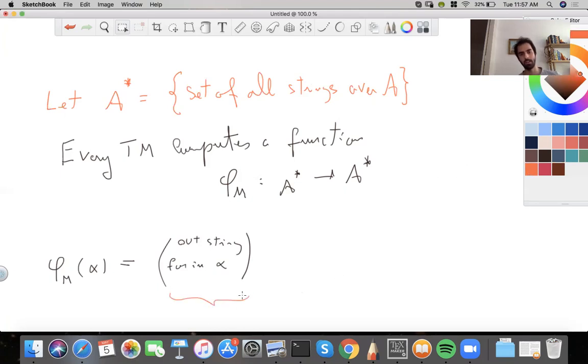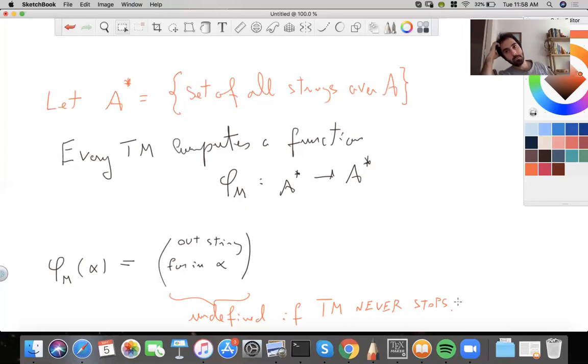This thing here is undefined if the Turing machine never stops. Of course, if it never stops, then I can't define it, because I don't know what it is. There's a question of what it means to never stop, but we're in the world of mathematics here, not the world of physics.